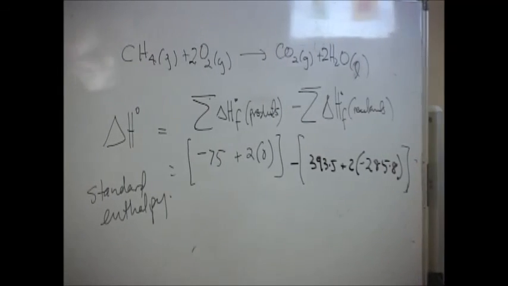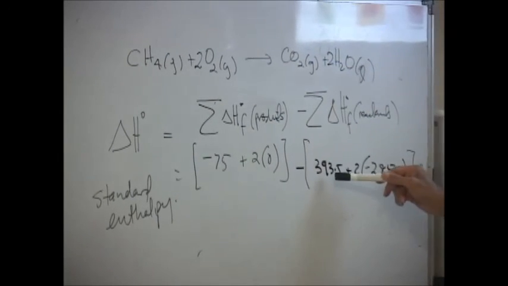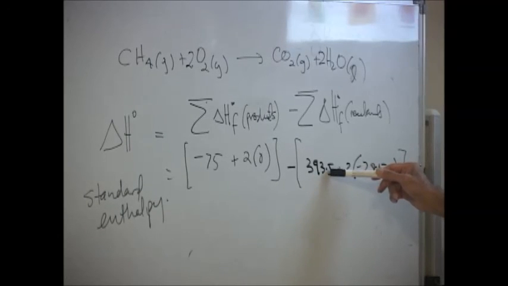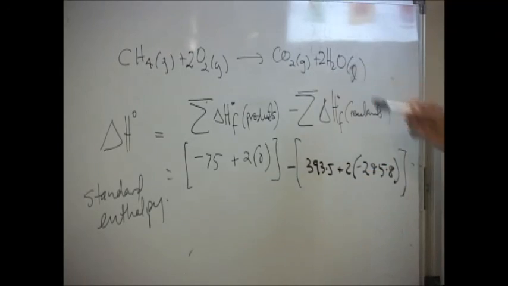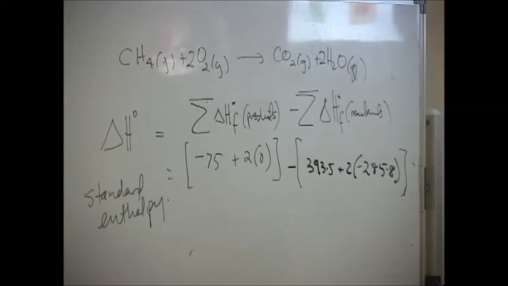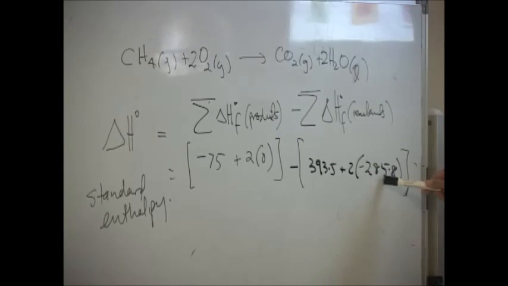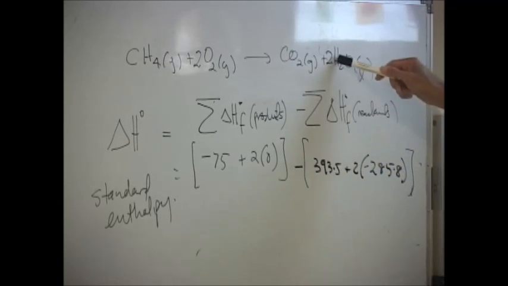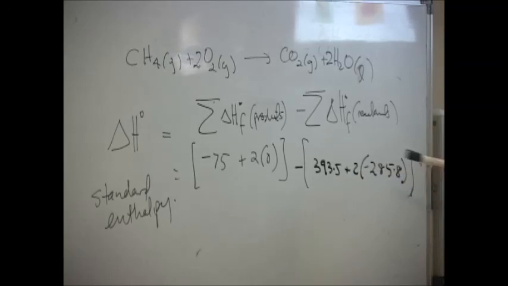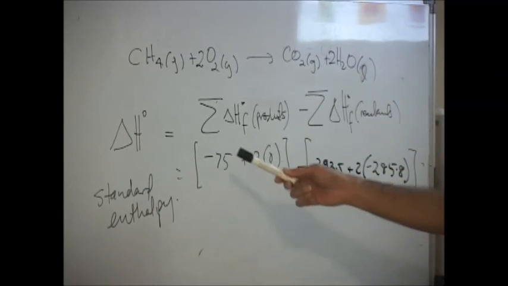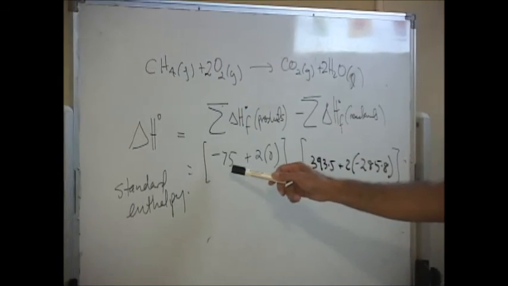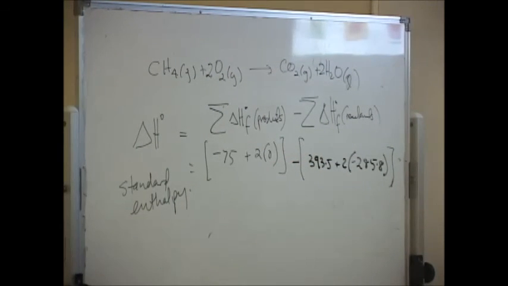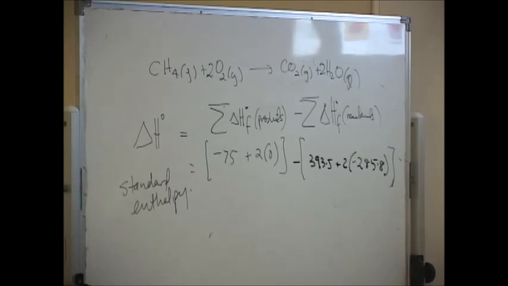So the heat of formation of carbon dioxide is minus 393.5 kilojoules. That's from the table. And the heat of formation of water is 285.8. It's exothermic, minus, so twice that because there are 2 water molecules. And then we have the heat of formation of methane, which is minus 75.